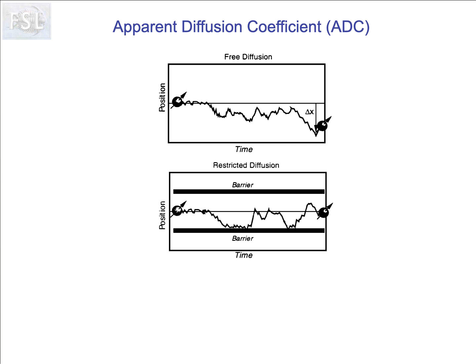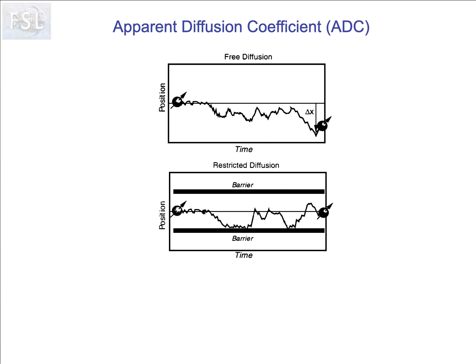How much this apparent diffusion is decreased from the free diffusion will depend on the diffusion time. To illustrate this, in the top plot we have the unrestricted movement or free diffusion of a molecule with position on the y-axis and time on the x-axis. Delta x is the distance this water molecule has travelled from the origin at a certain point in time.